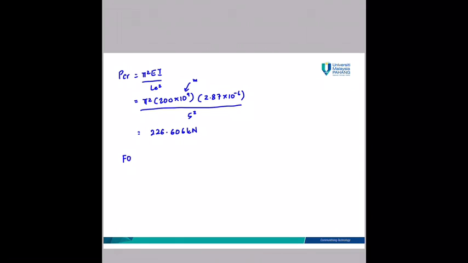From factor of safety, manipulate the equation, then you will get the allowable is equal to, this is your answer for the allowable.